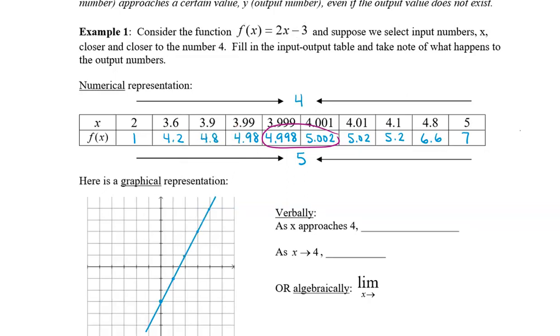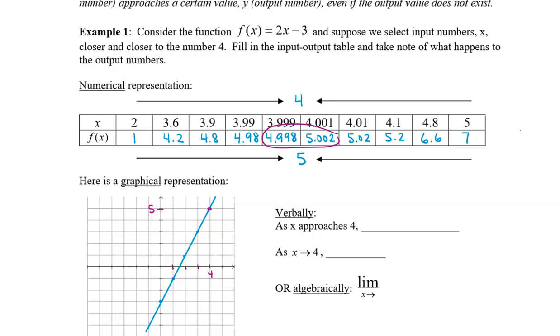So you can see from the graph when x is 4, so it's going to be 1, 2, 3, 4, that's 4. My f of x value right here is actually 1, 2, 3, 4, 5. So graphically, when x is 4, f of x is also 5.